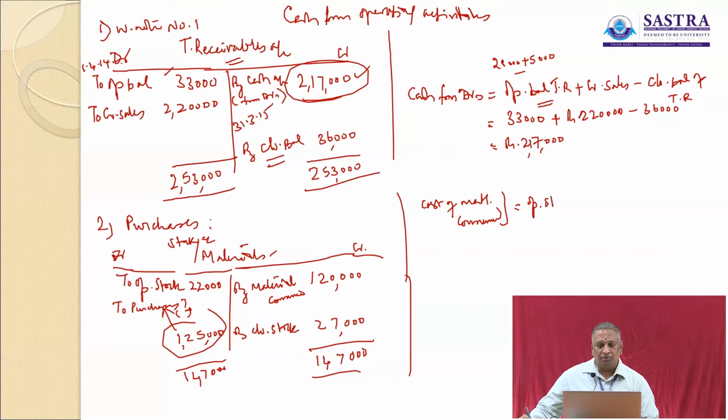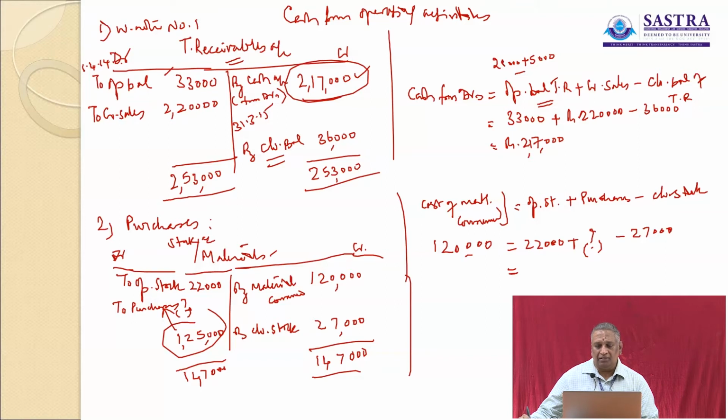Cost of material consumed is equal to, the normal formula is, opening stock plus purchases minus closing stock. So material consumed given in the question is 1,20,000. Opening stock given in the question is 22,000. Purchases we do not know. Minus closing stock, which is 27,000.